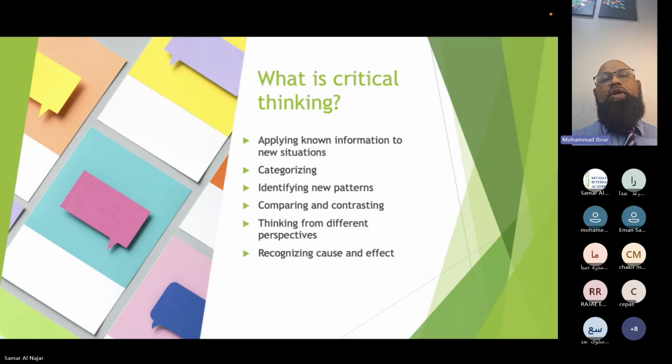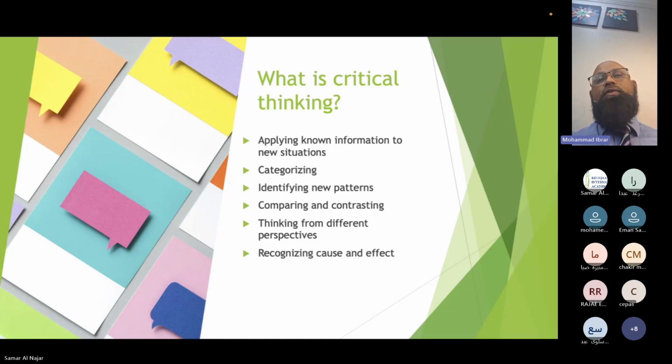So if you learn something, learn new ideas, how do you apply them in different situations? And when we say that, that means we are talking about categorization, identifying new patterns, comparing and contrasting, thinking from different perspectives, recognizing cause and effect. Okay, we'll look at each one in detail later on.